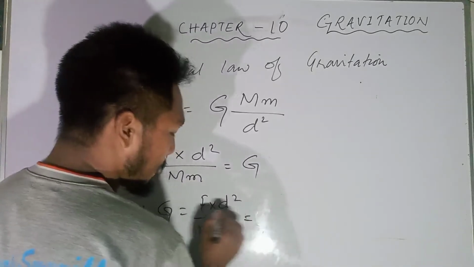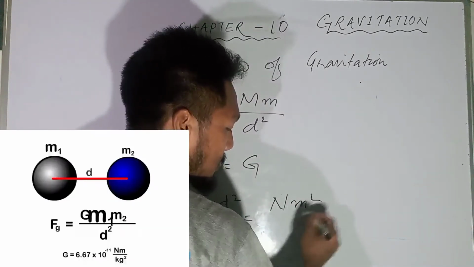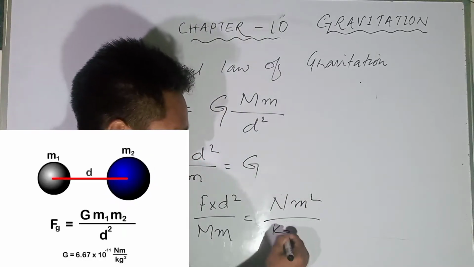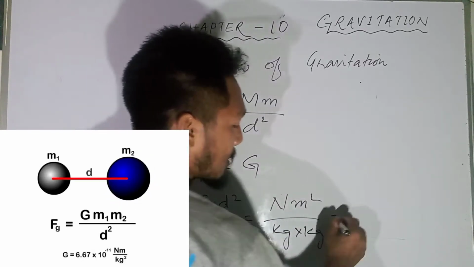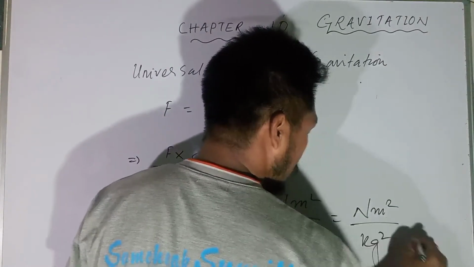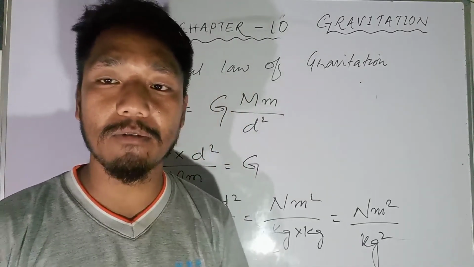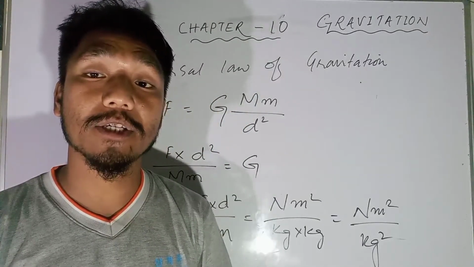We know force is Newton, distance is meter squared, divided by mass, which is kg into kg. That is equal to Newton meter squared divided by kg squared. Okay, so this is the SI unit of the universal gravitational constant.